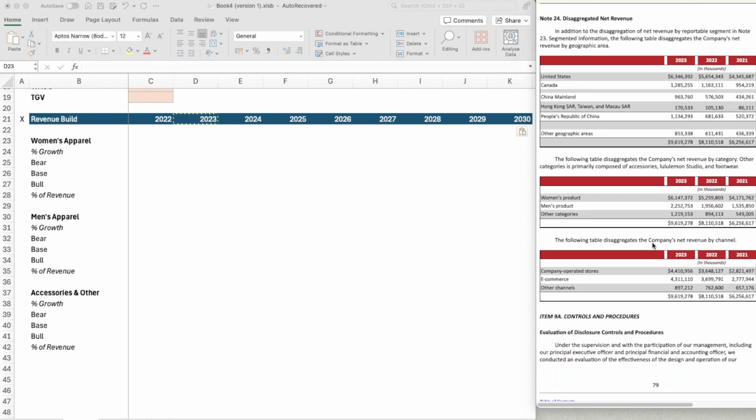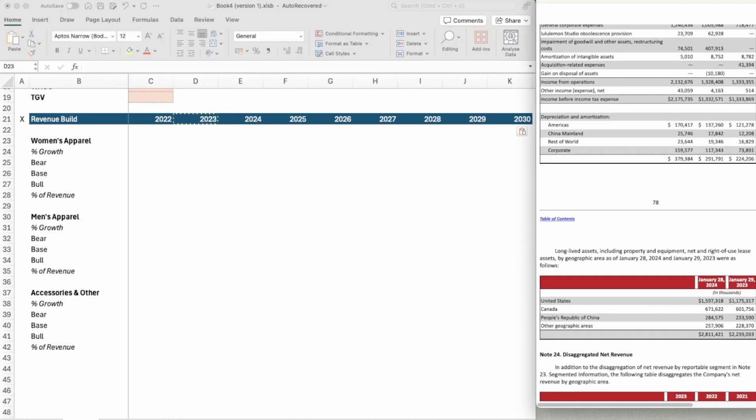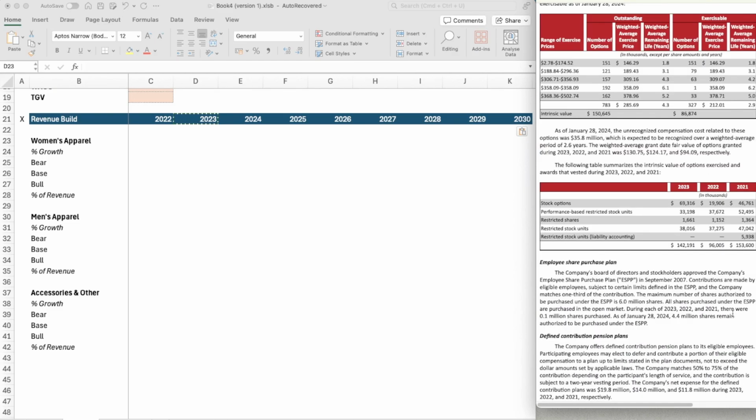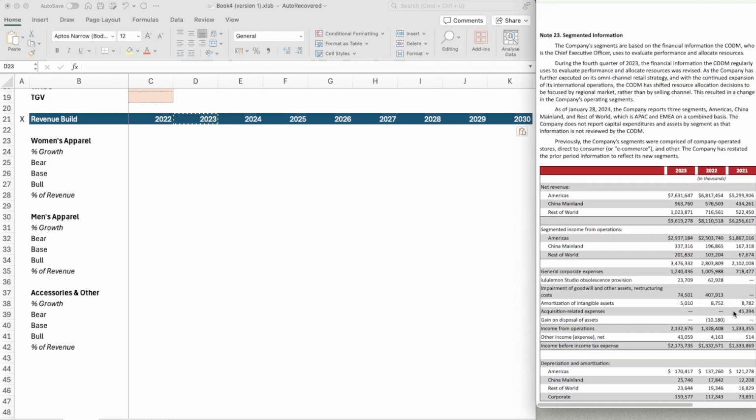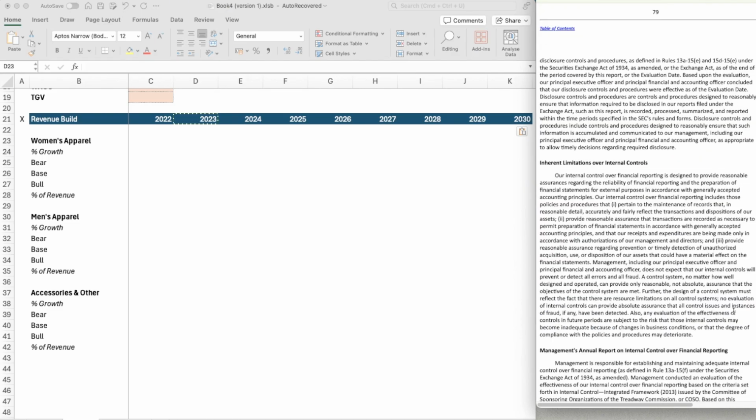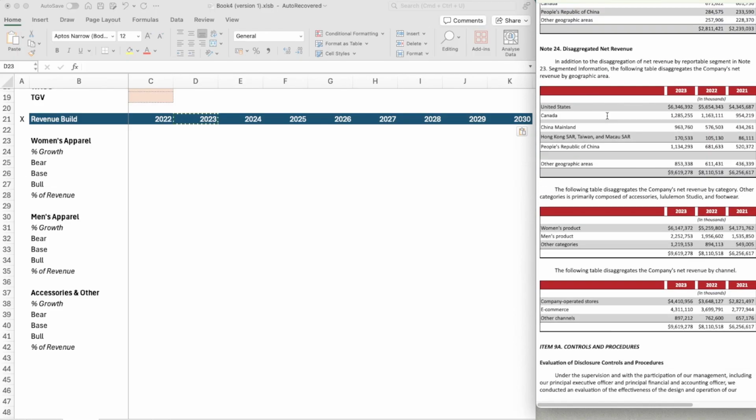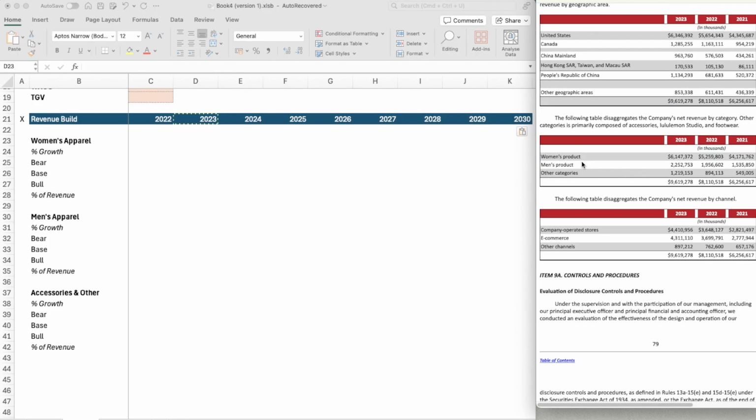So if you're on the most recent 10K, it's on page 79, and here we are. So let me. Oh, no. Come back. There we go. Yeah. So it's the disaggregated net revenue. So women's product, men's product, other categories. We're going to call it apparel though, because that's what it is on the most recent financial statement.